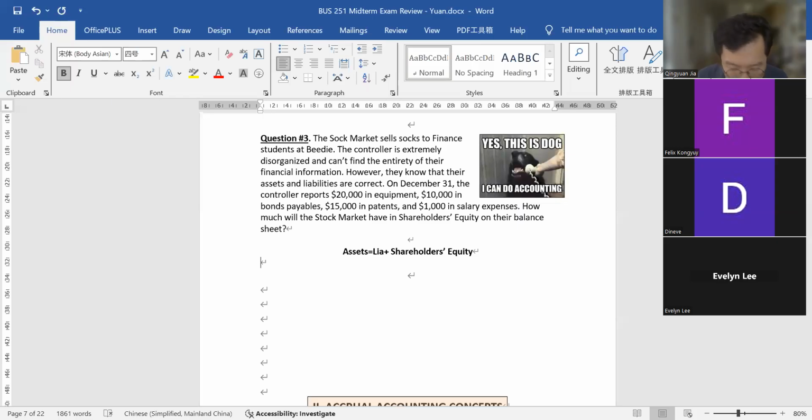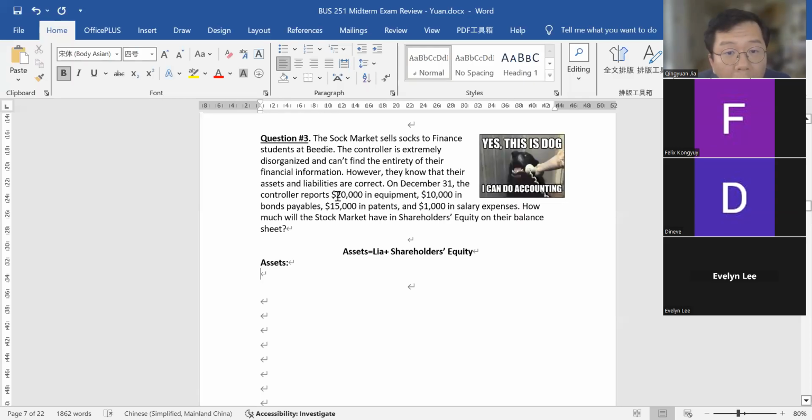So what do we have for assets? 20,000 in equipment. This is assets, right? So we have equipment, $20,000. And what else do we have? This is assets as well, the patent.